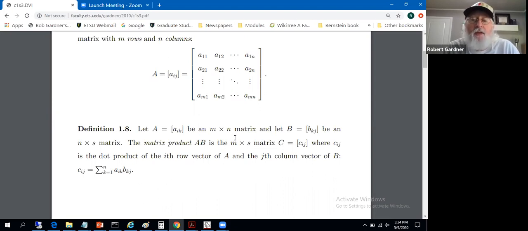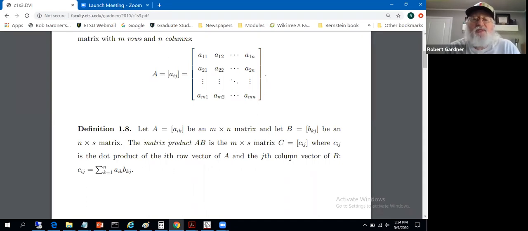First off, the dimension of the product is the first dimension of the first element of the product and the second dimension of the second element in the product. So an m by n matrix times an n by s matrix yields an m by s matrix. That common dimension of n doesn't play an obvious role in the size of the product.